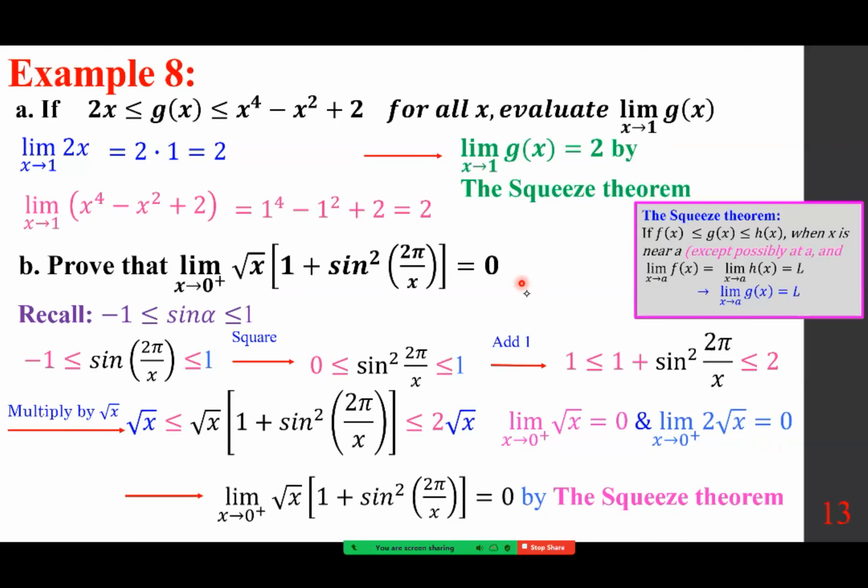Again, the trick is to start with sine. Squeeze theorem. Very straightforward here. This one, the trick is dealing with sine.